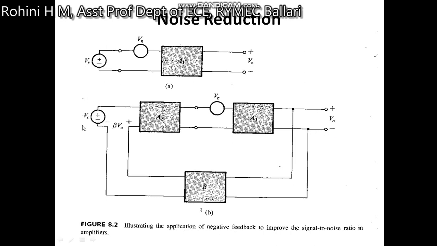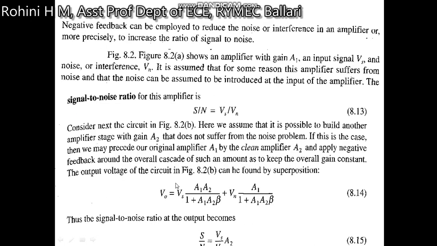First we consider only the Vs source acting alone. Then we assume that the second source is not acting at all. The second source Vn is replaced by a short circuit, because when a voltage source is 0 we can keep it as a short circuit. Then we measure the output. This output has only the input term, that is Vs. That is our first term.